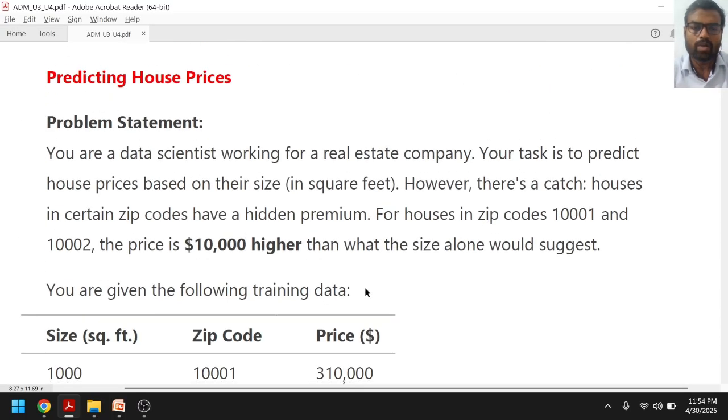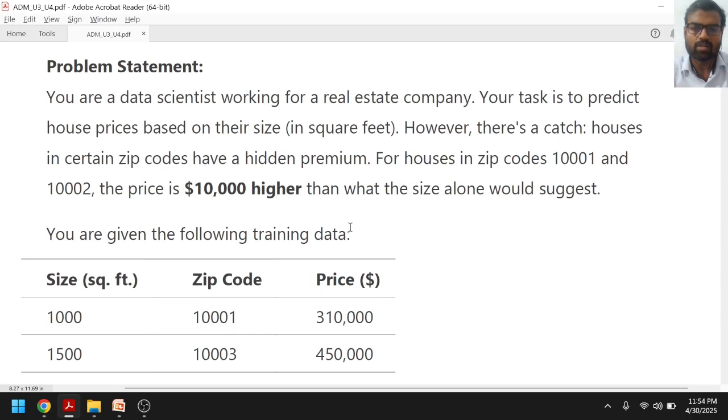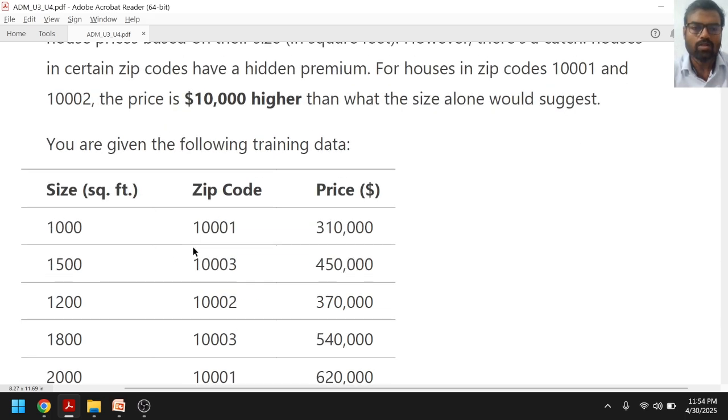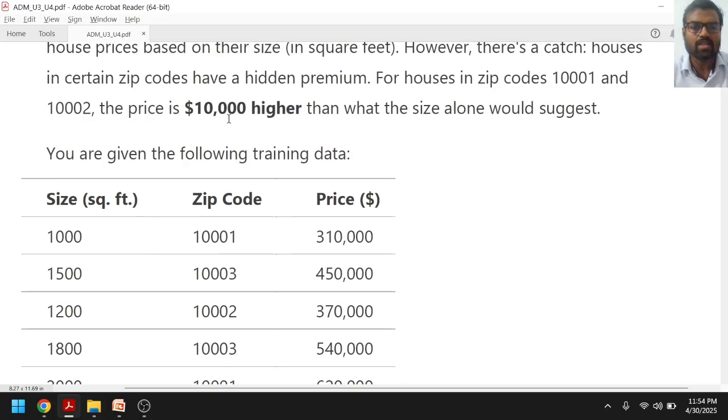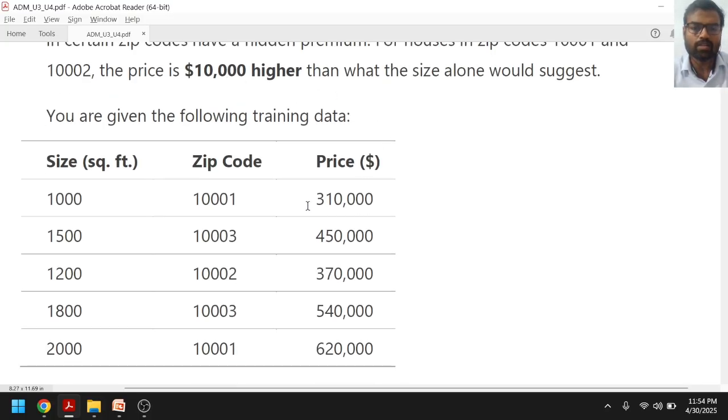But here the problem is a little bit tricky. For houses with zip codes 10001 and 10002, like this one and this one, the price is $10,000 higher. The usual price would be 3 lakh, but here 10002 also has 3,60,000.